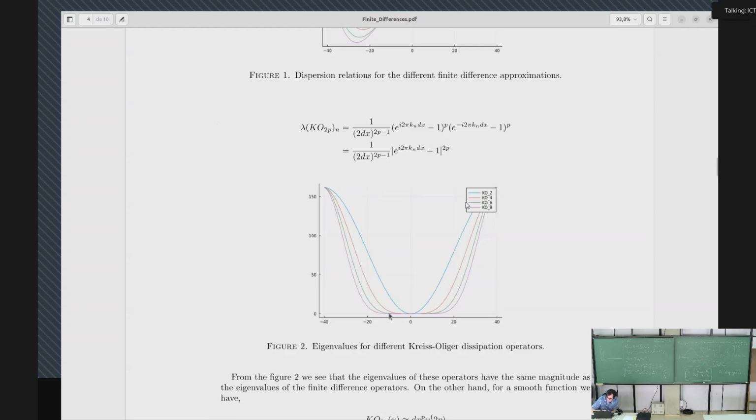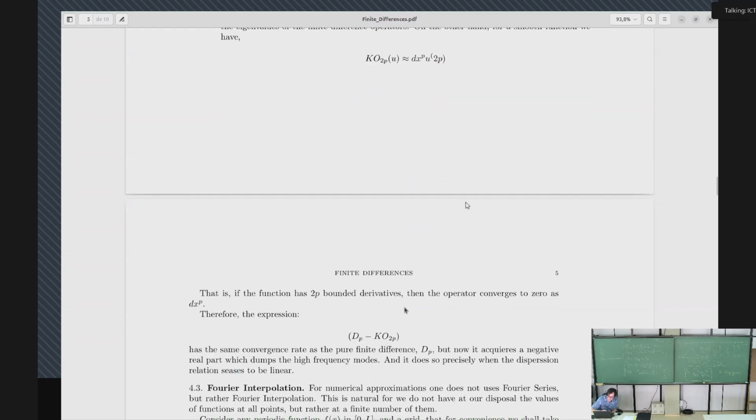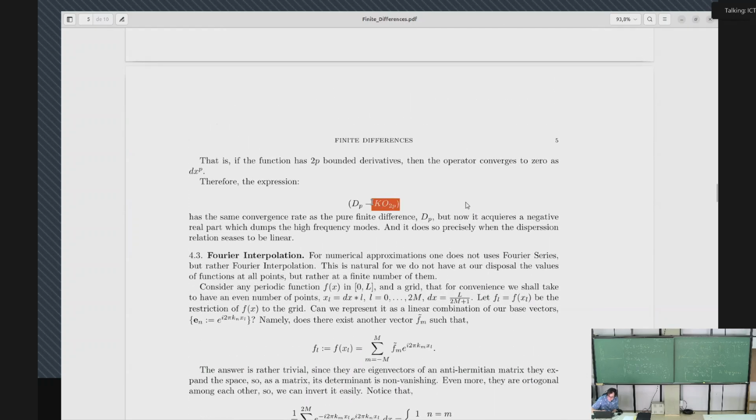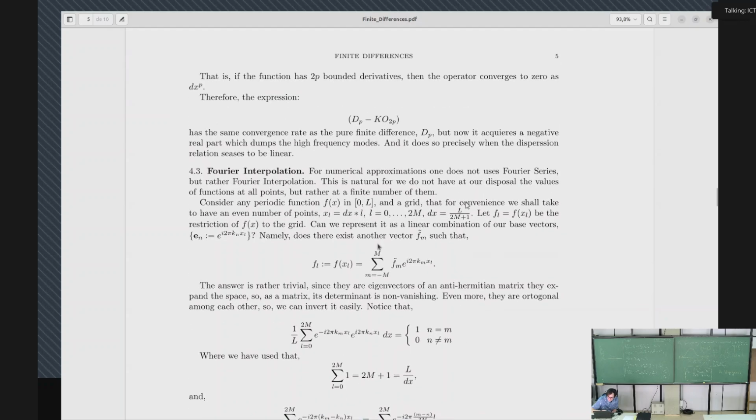So they do almost nothing when you are very close to a small wave number, but otherwise they have this weird dissipation relationship, and when you use them, suddenly this will be our operator. For example, in this case it will be D0 plus the O20, right?